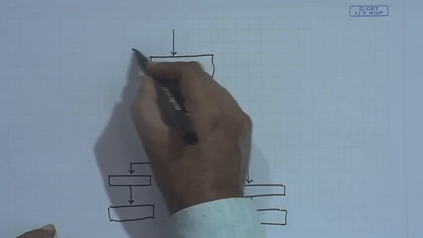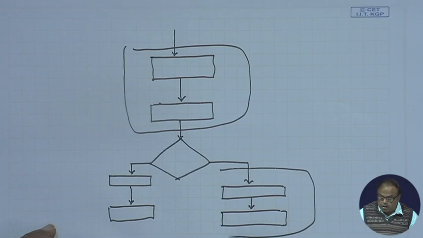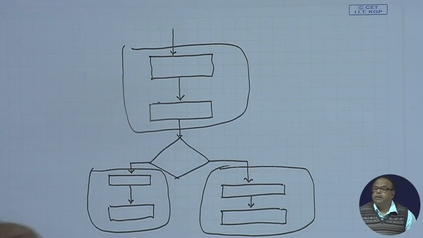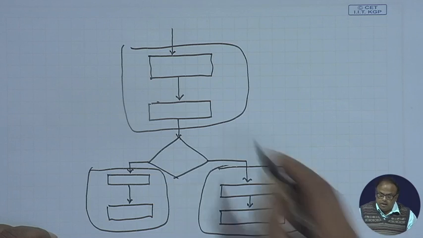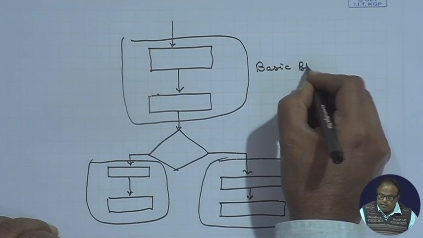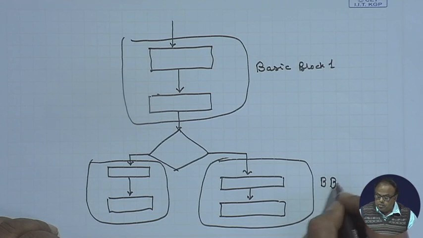So, this is a basic block, this is another basic block, and this is another basic block, where we are not taking any branching. These are known as basic blocks: basic block 1, basic block 2, like that.